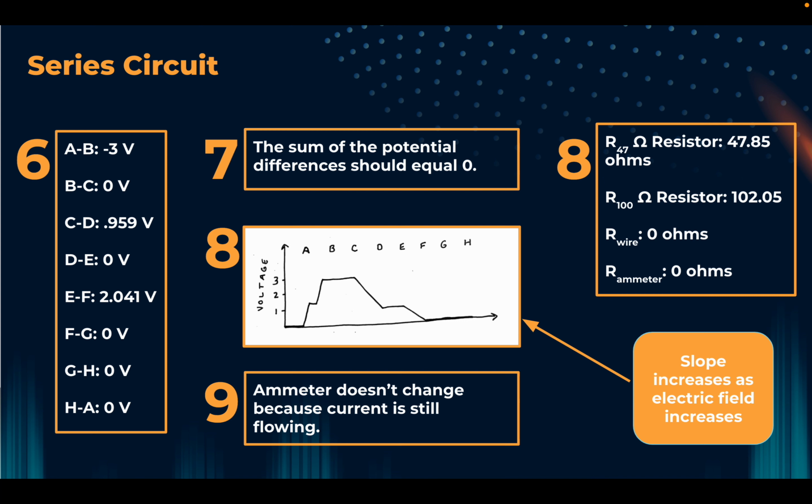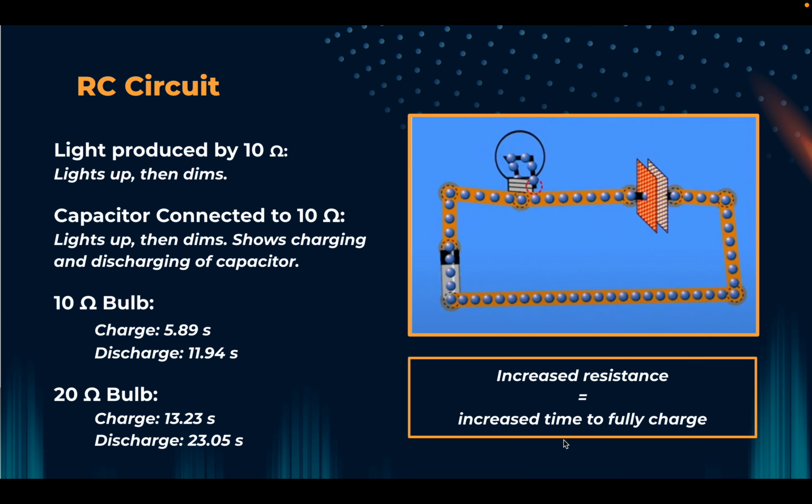When I graphed it out, you can find that as the electric field increases, the slope will also increase. So that's there in my chart. And again, like we said last time, the ammeter does not change because the current is still flowing. Next I used Ohm's law to find the resistance of the resistors and the wire in the ammeter. Those are listed there.